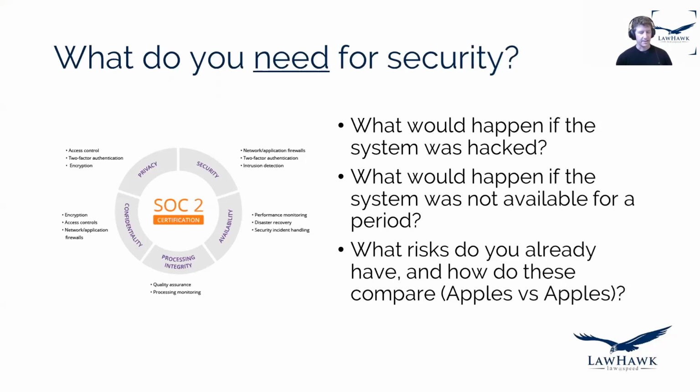So the way to look at it is just to work through what would happen if the system was hacked, what would be the implications if the information was to be available to people that it wasn't supposed to be available to, and then what mitigations can be put in place. And there's several things you might be able to do at your end. You might be able to limit which information you actually input into the system.